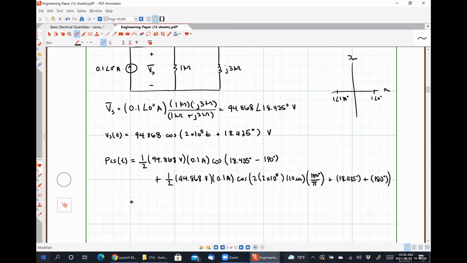All right, so I'm going to do the DC part first. 0.5 times 94.868 times 0.1 times the cosine of 18.435 minus 180. I get negative 4.49, actually negative 4.5 would be closer.